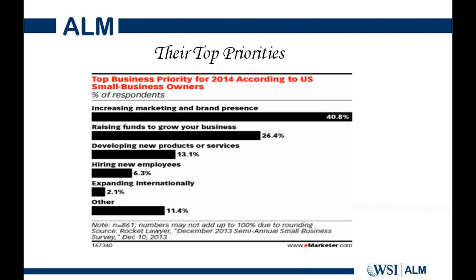So 41% are looking at increasing marketing and brand presence, 27% are focused on fundraising activities, 13% on developing new products or services, 6% on hiring new employees, 2% on expanding internationally, and the miscellaneous category is at 11%. But 41% are looking at increasing marketing and brand presence. So our prospect pool has just gotten big, which is great.